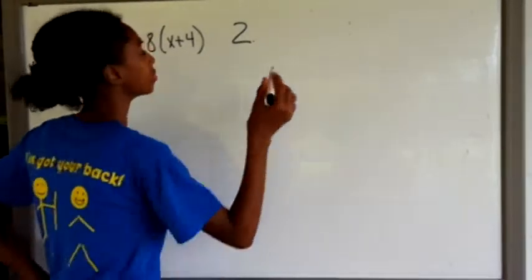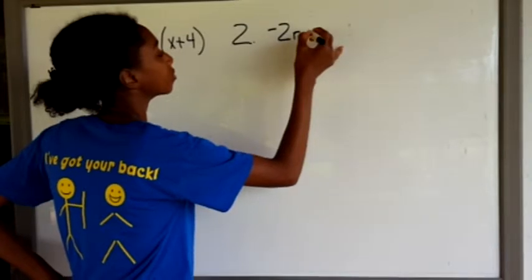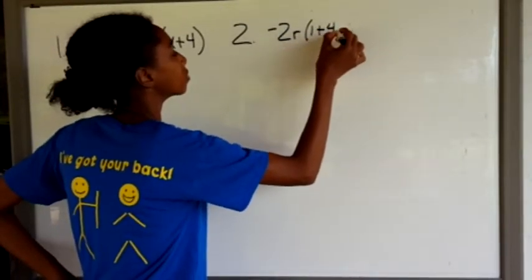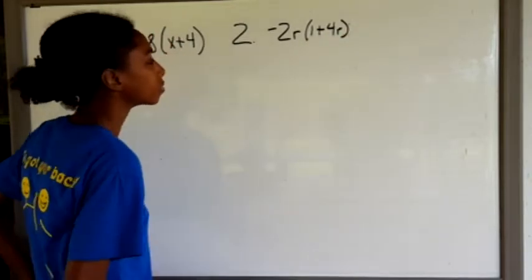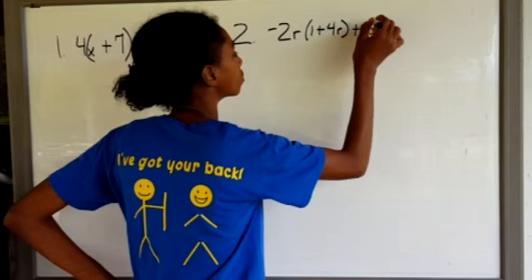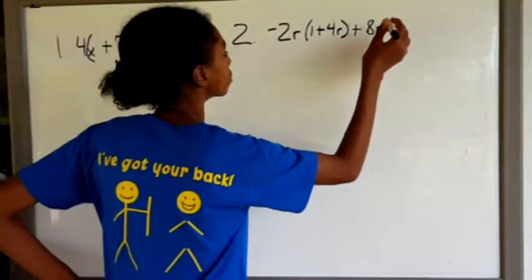Alright, negative 2r times 1 plus 4r, plus 8r times negative r plus 4.